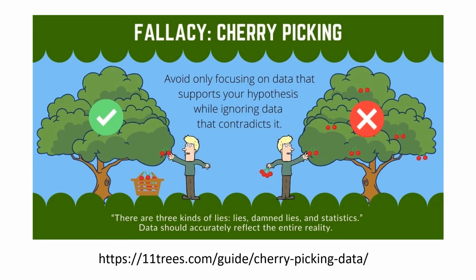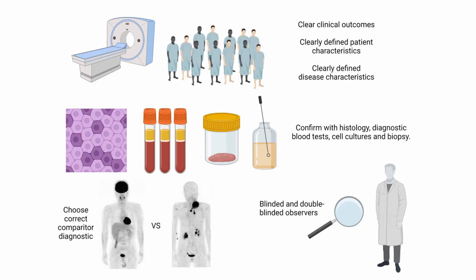Then there is the problem of cherry picking, and as a researcher you should always be aware that you don't fall into this trap. There is the truth, the whole truth, and nothing but the truth. You should not focus only on data that support your hypothesis, and you should not get so emotionally involved with your data that it becomes a problem.